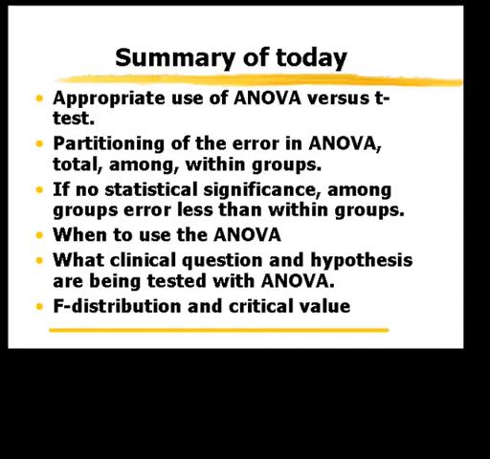And then the final thing that we talked about today was the idea of the F distribution, and mathematically how it is similar to the T distribution and how it varies with the number of people in the study. And then we talked about, just as you have with the T and the Z distribution, a critical value which you compare in order to determine your statistical significance.